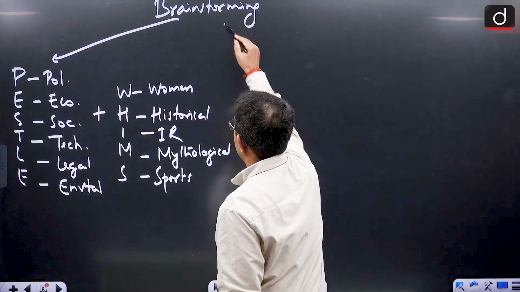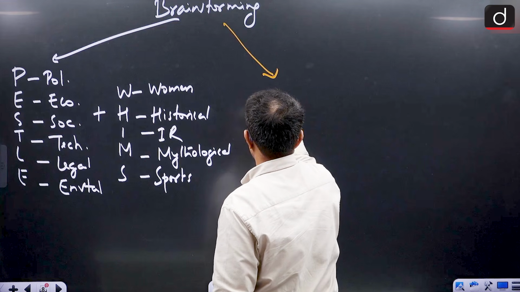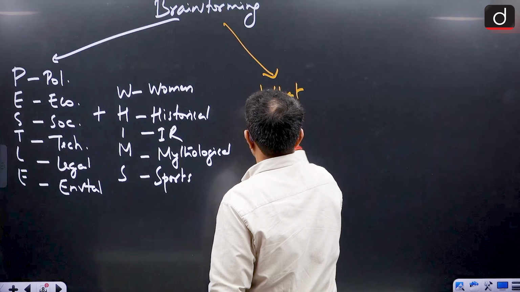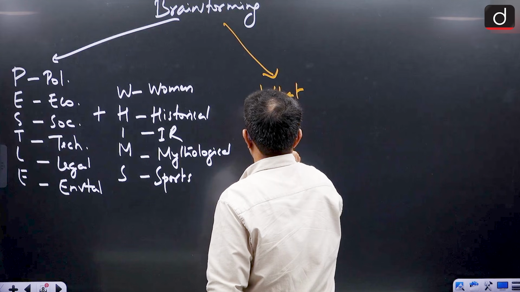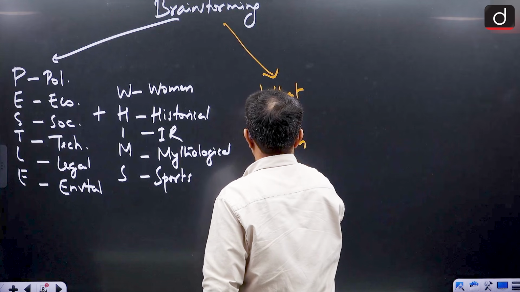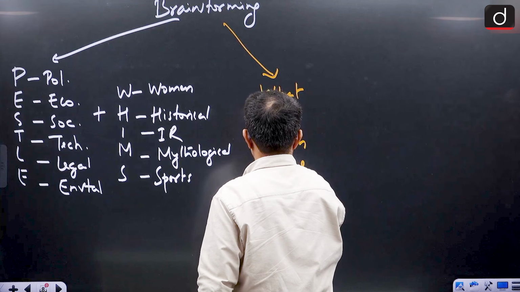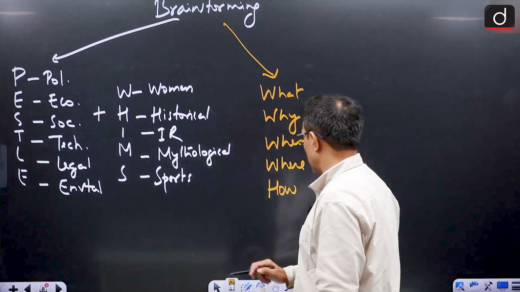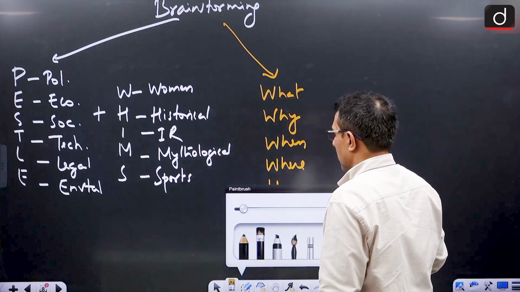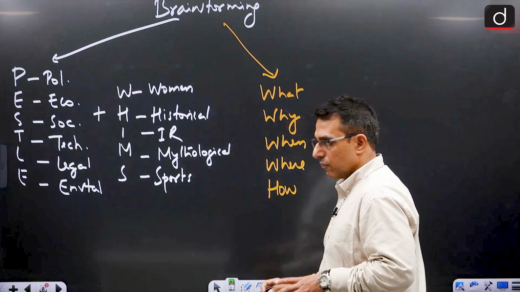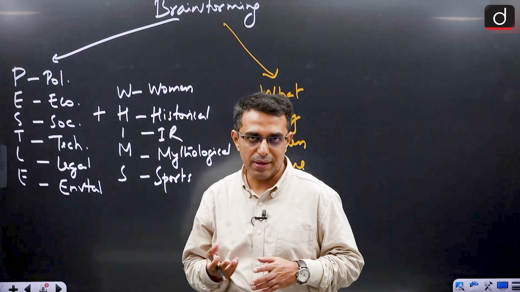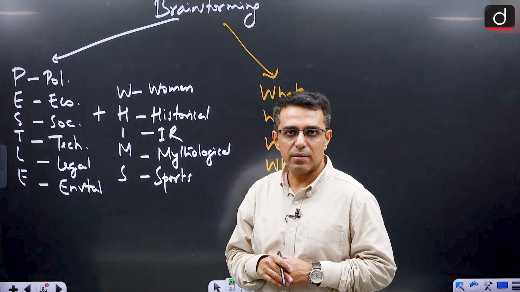Other than this, another framework that we can use is what, why, when, where, and how. This can also be applied to various topics. Not every framework will work with every topic, right? But this is how we brainstorm.